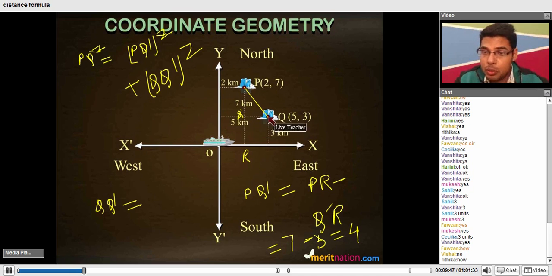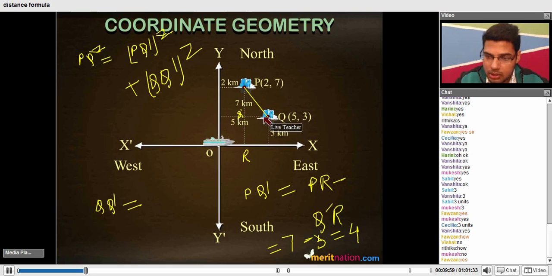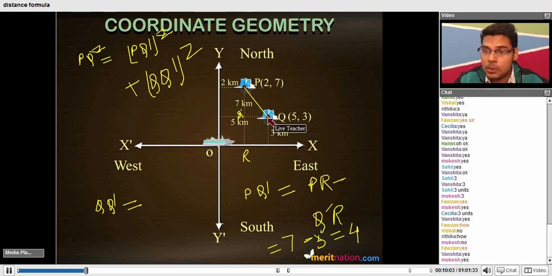To get QQ dash, we have to look at this Q and Q dash. Can you locate this line segment QQ dash? In the figure, can all of you locate this line segment QQ dash? Because to get this distance, we have to locate it in the graph, in the Cartesian plane. So now, QQ dash, can I say it is nothing but, let us mark another point. Let us say this is R dash.